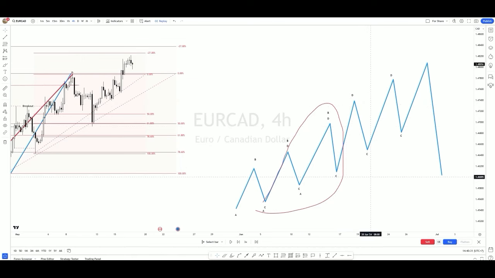If that makes sense to you, you can use this as an advantage to make your chart clear to your eyes.